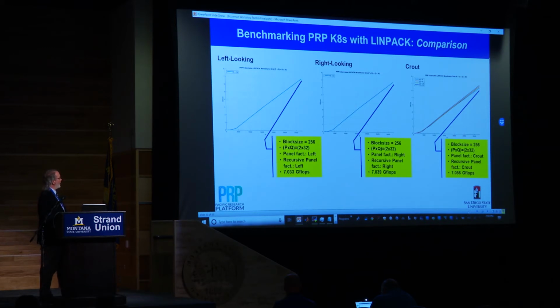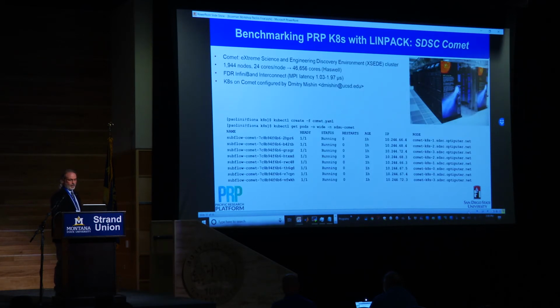Well, I did that test with left, right, and Kraut. I only found that Kraut performs slightly better. So I got 7.056 gigaflops, which was better than left or right, but didn't make that much of a difference. Okay, so we only got about 7 gigaflops on the PRP network, and that's not such a good score.